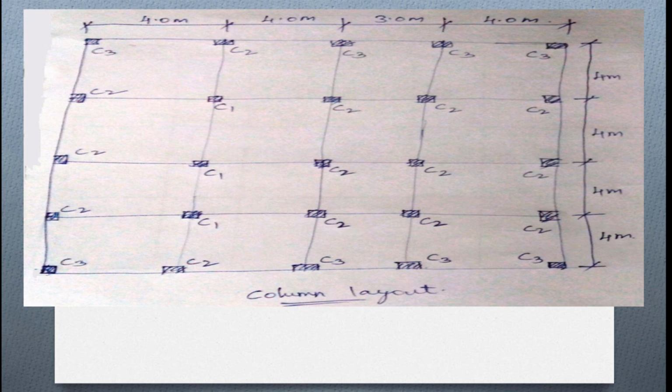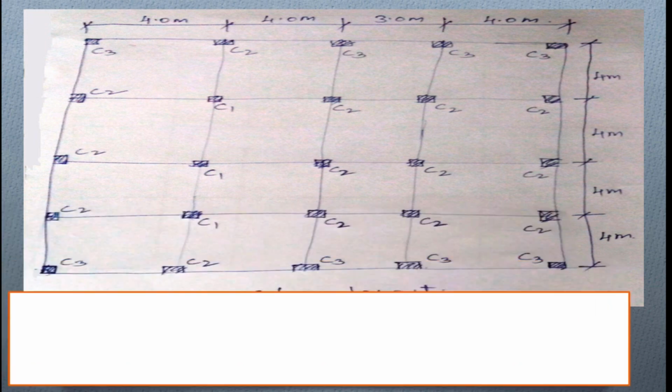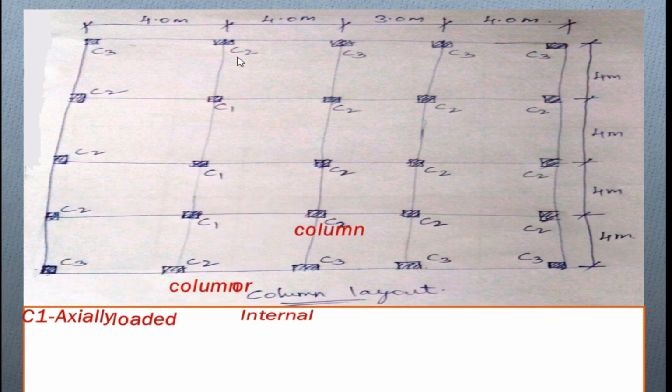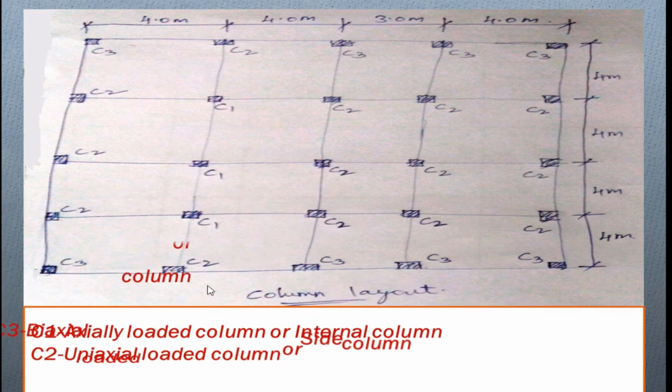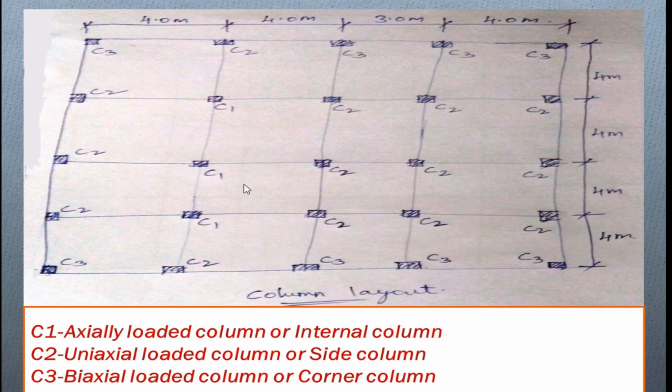Which column is axially loaded, which column is biaxially loaded and which column is uniaxially loaded? First we have shown the C1, C2, C3 column layout. C1 is the axially loaded column or internal column, C2 is the uniaxially loaded column or side column, and C3 is the biaxially loaded column or corner column.